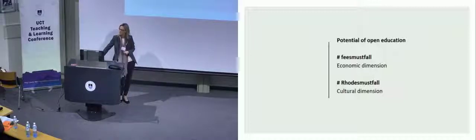And then also the Rhodes Must Fall call, which is a cultural dimension. What we want to do through open education is to rewrite many of the textbooks and many of the resources with a local voice. Those are the two potential aspects I'd like to thread through this discussion.